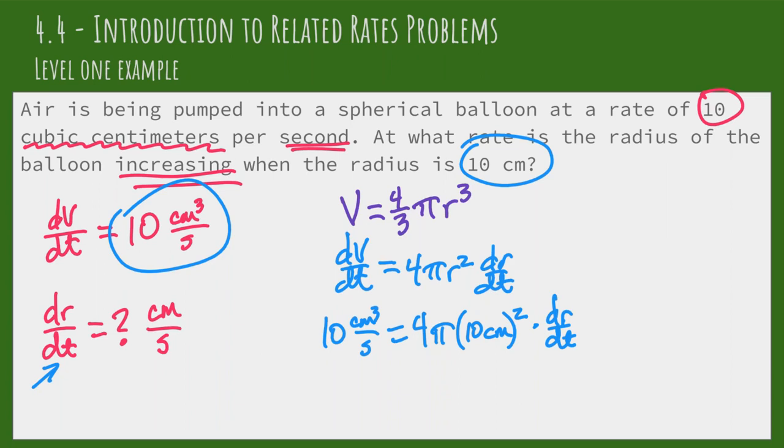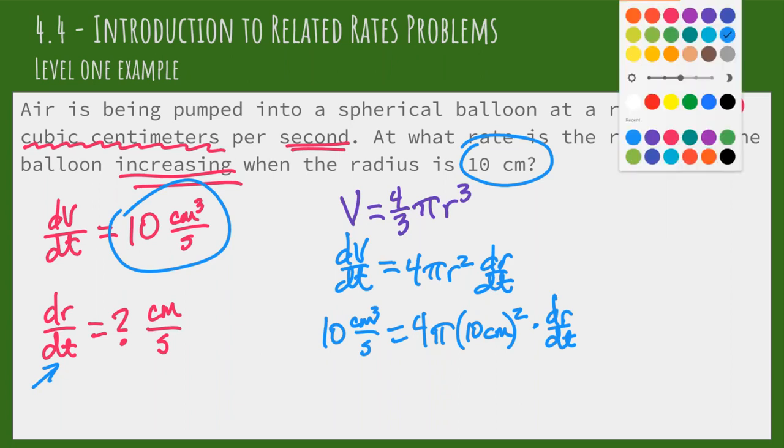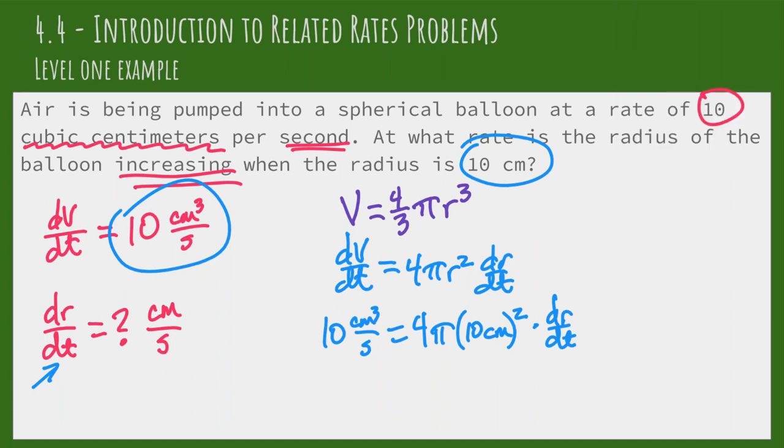So we're going to have 400 pi square centimeters. I'm keeping the units here just to make sure things work out the way they're supposed to. So we're going to have 10 cubic centimeters per second divided by 400 pi square centimeters, because the centimeters got squared here.